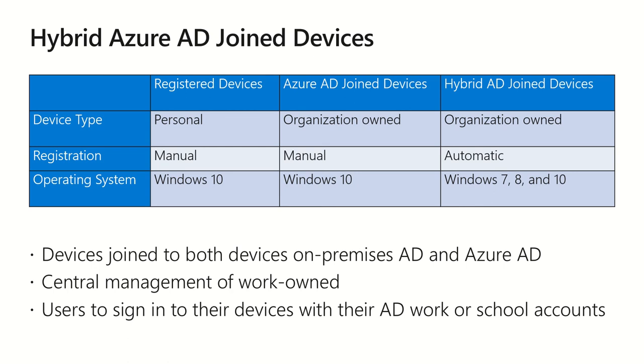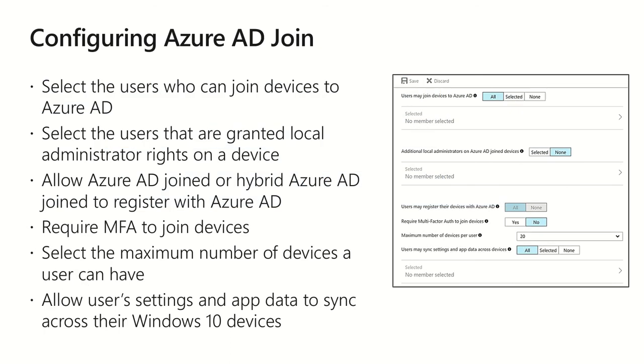Joining a device to both directories allows, first, your IT department to manage work-owned devices from a central location, and second, users to sign into their device with their Active Directory work or school accounts. So these are the benefits of that. It's hybrid everywhere, right? Okay, here are the steps to configure your Azure AD join.